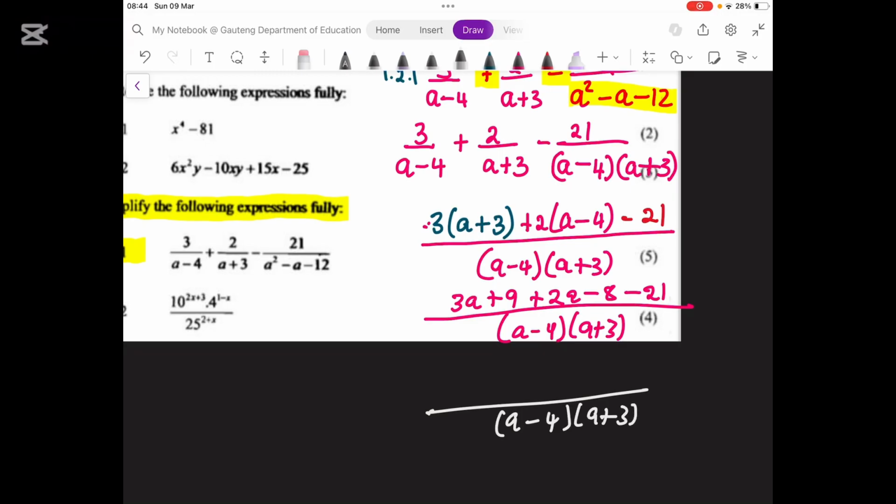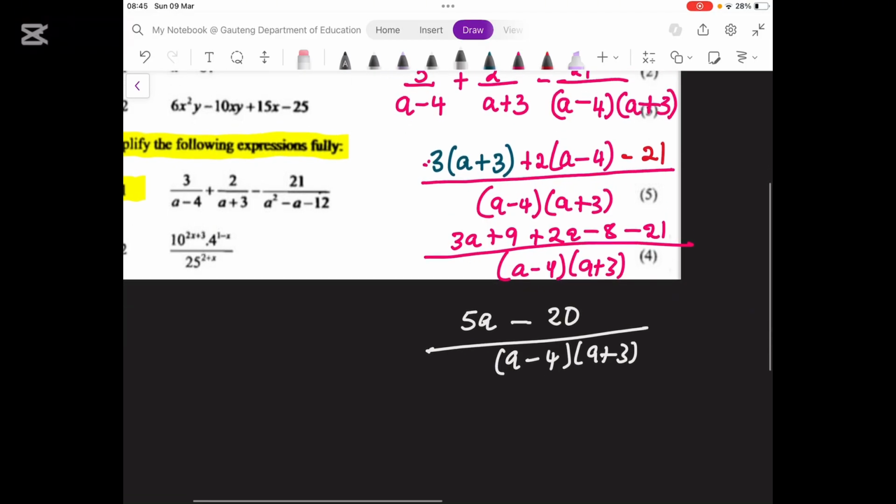Now the like terms, 3a plus 2a, that will be 5a. And then 9 minus 8, that is positive 1. Minus 21, it will be minus 20. And then we can see we still have a number in the numerator that can divide into 5, that can divide into 20 as well, which is 5.